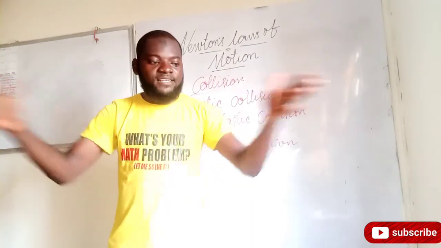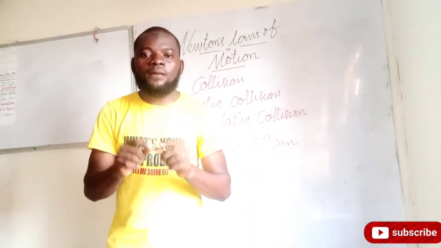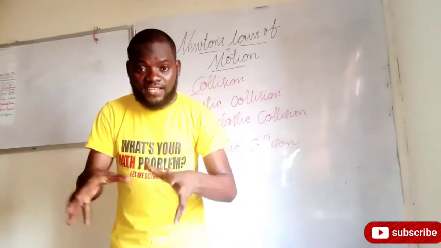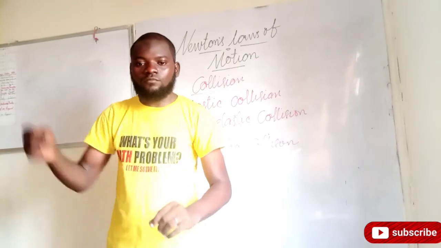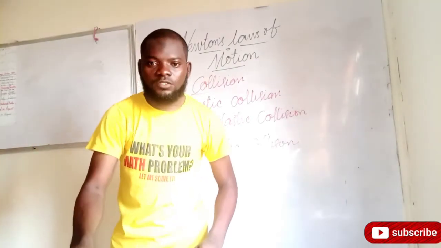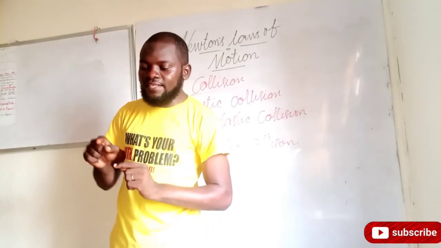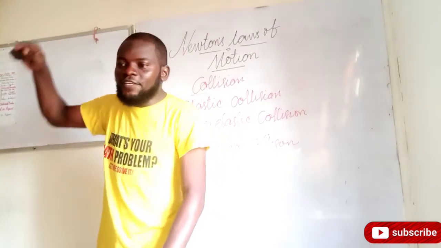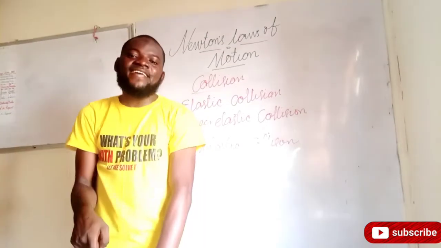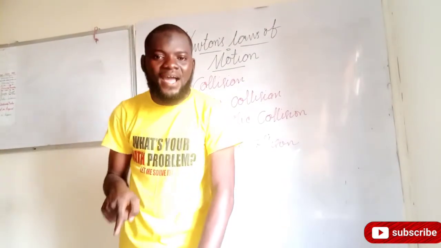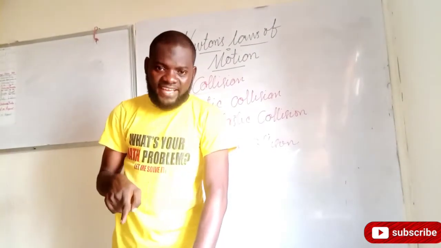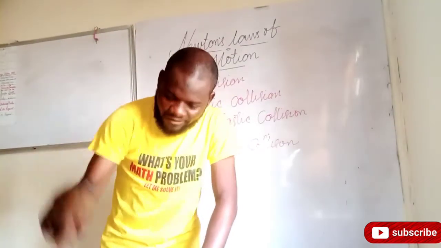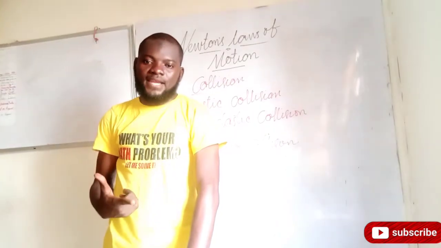But for hyperelastic collision, if you have mud and you throw a stone into the mud, the stone will not stay at the surface of the mud, but it's going to dip itself inside the mud. That is a hyperelastic collision. The stone entered into the mud. That is hyperelastic.